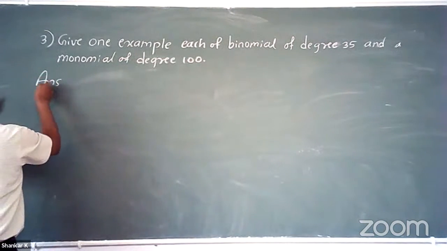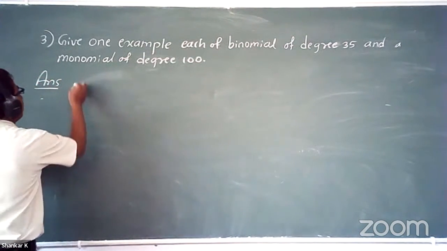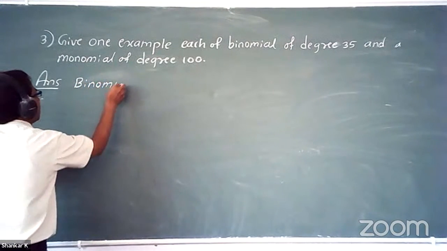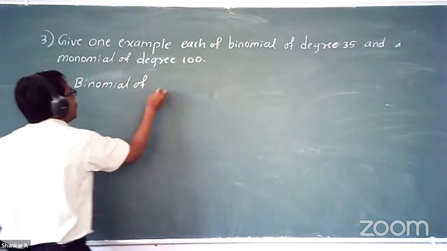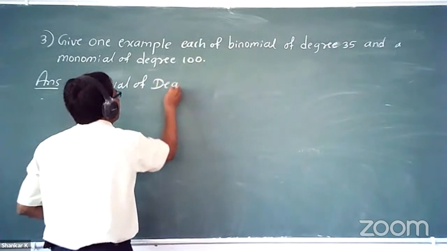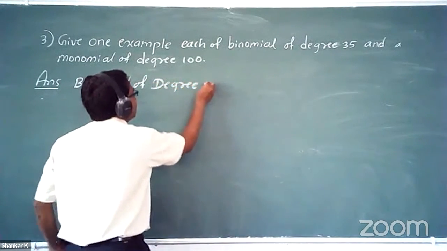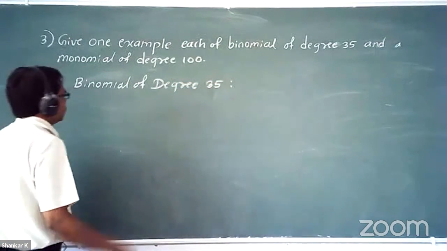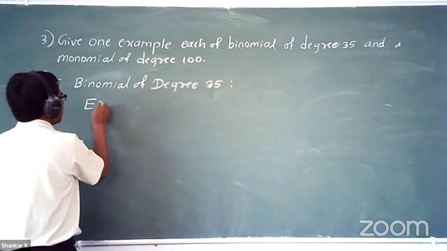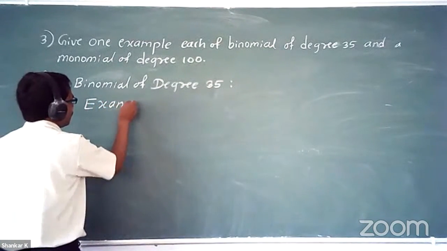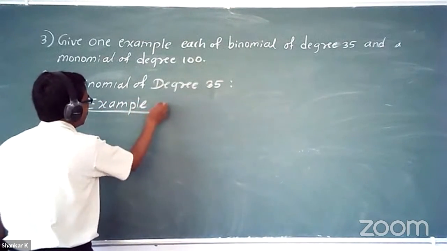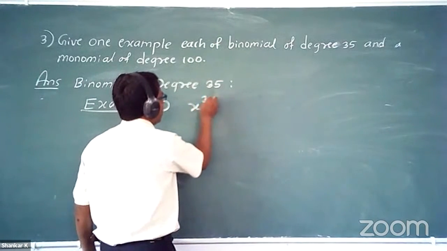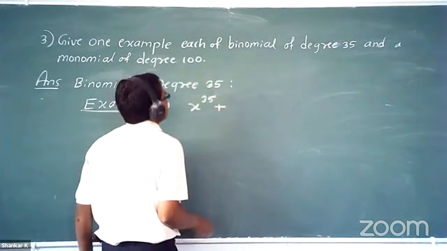Answer. Binomial of degree 35. For this example, you can write x raised to 35 plus 10.